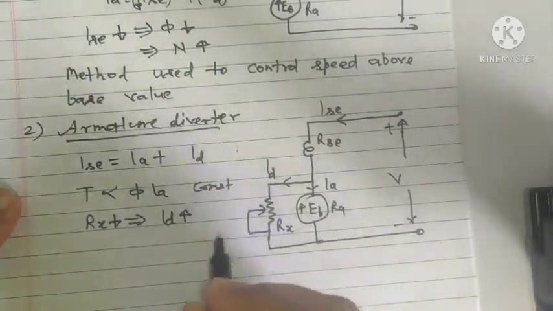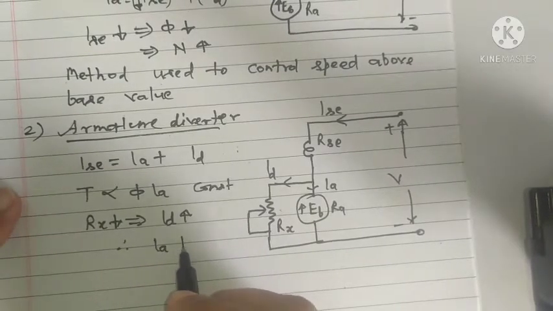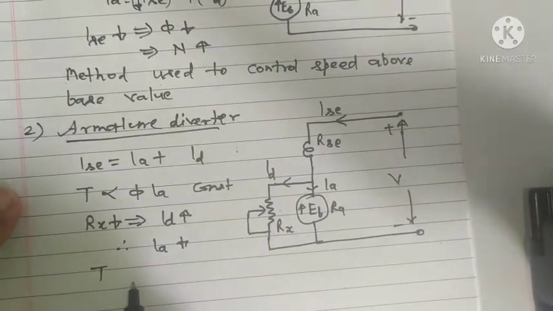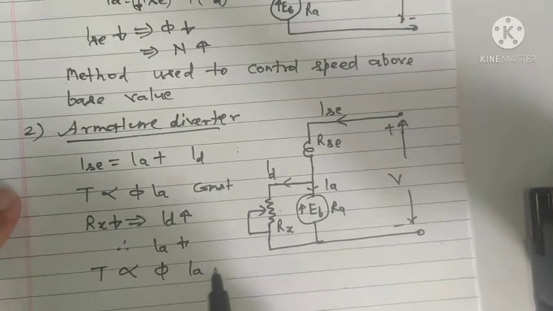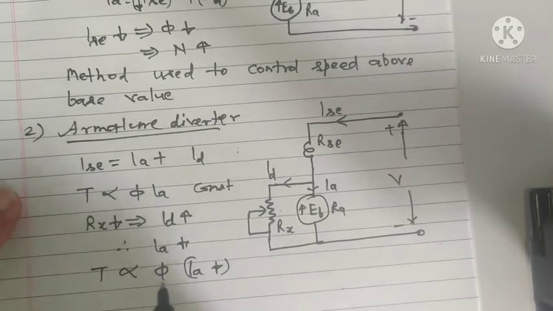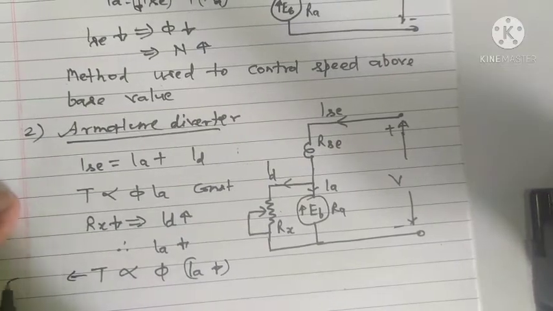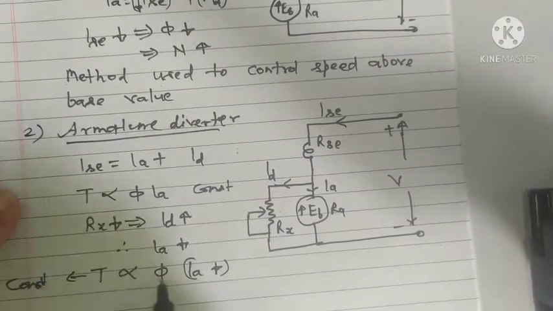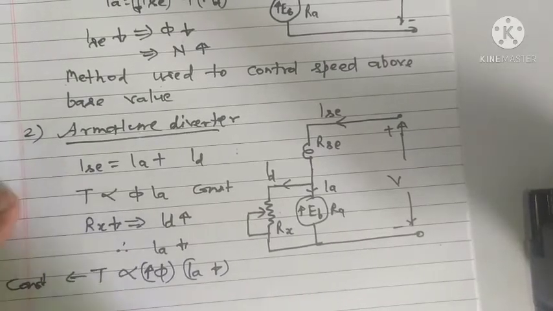Because of that, torque, which is directly proportional to phi IA, if armature current is decreasing, to maintain this constant, flux must increase, okay.